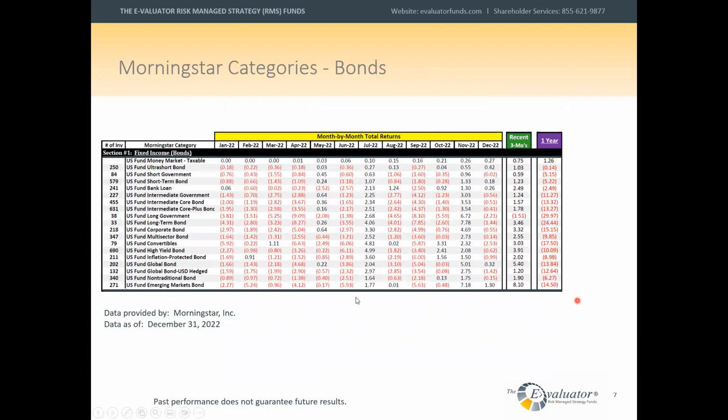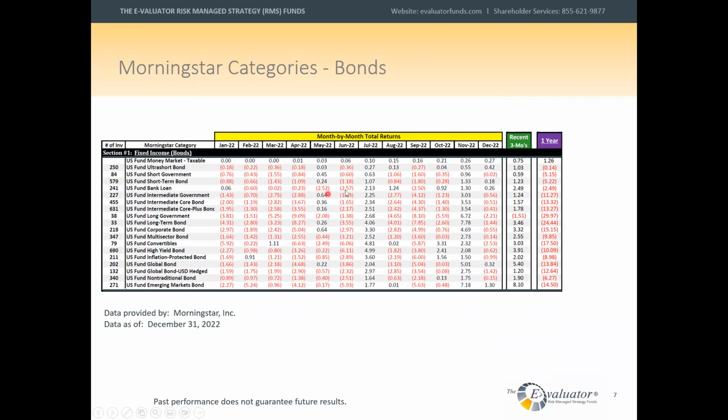This is a table that shows all the bond fund categories that Morningstar has assembled that we use inside the evaluator funds. To the left of each category name is the number of investments in that category. Then to the right, each column underneath each month identifies the average return for that category.